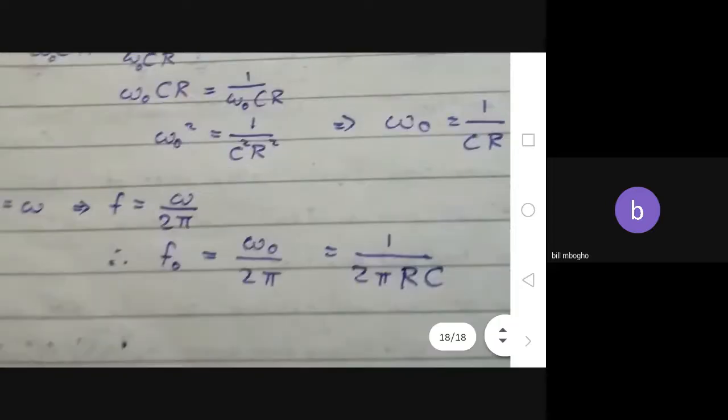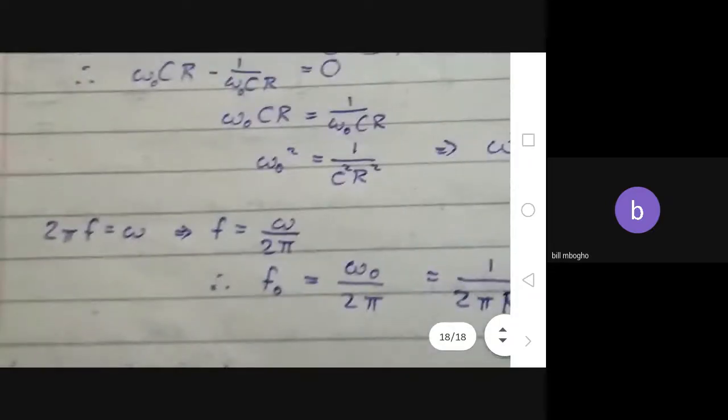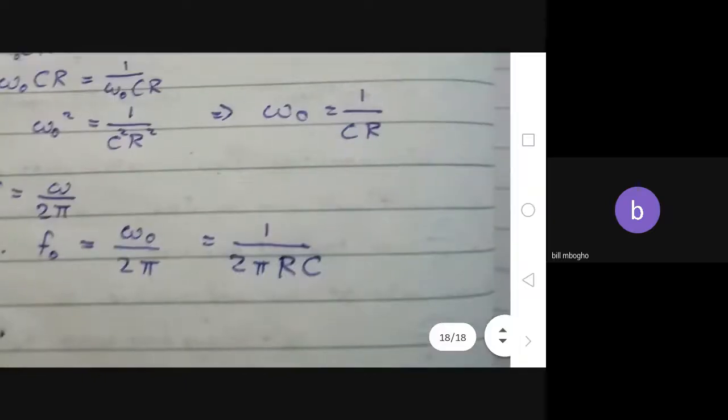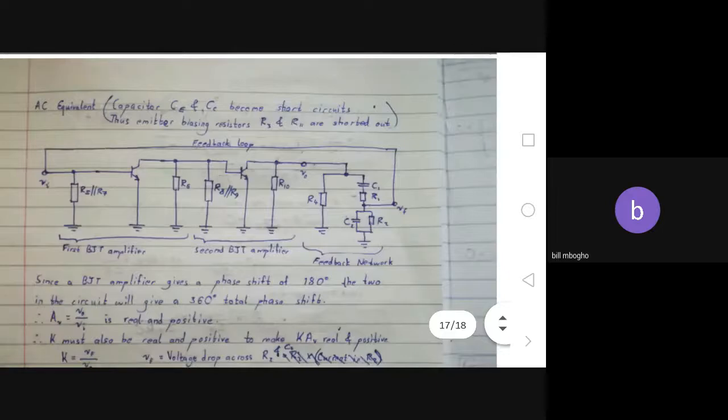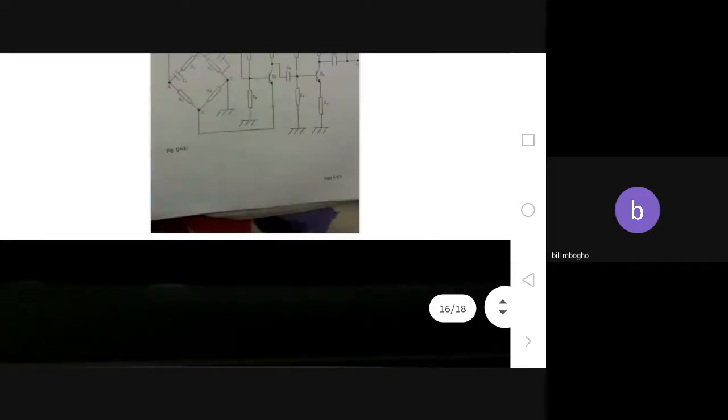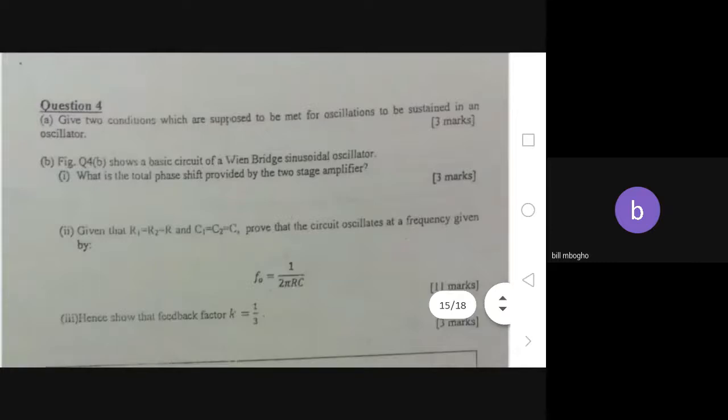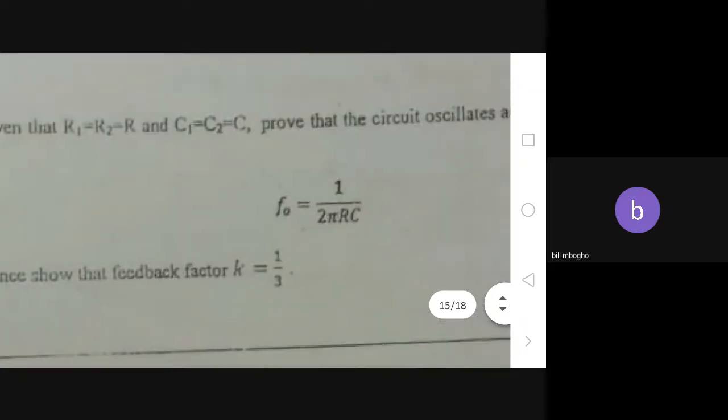And F is supposed to be omega over 2 pi. You divide those two, and you get F naught, which is what was being asked for at the beginning. F naught is equal to 1 over 2 pi RC.